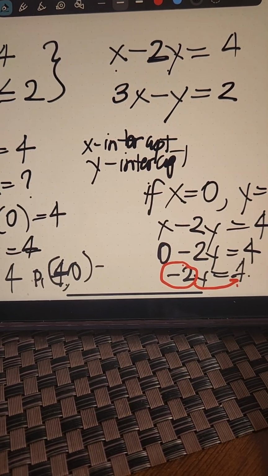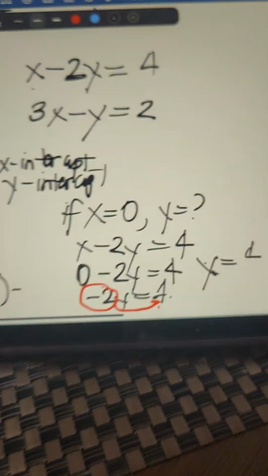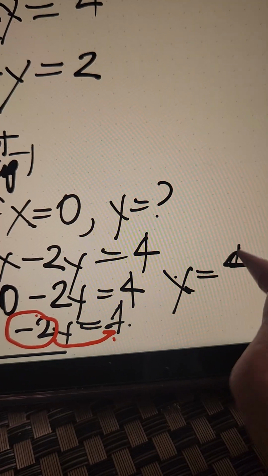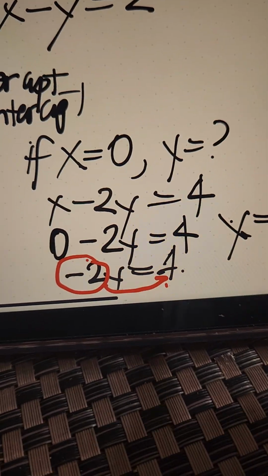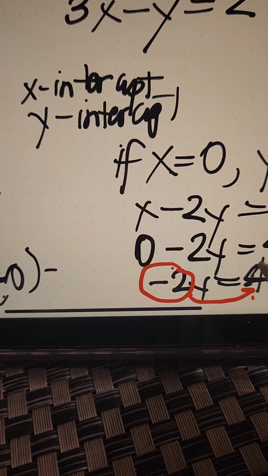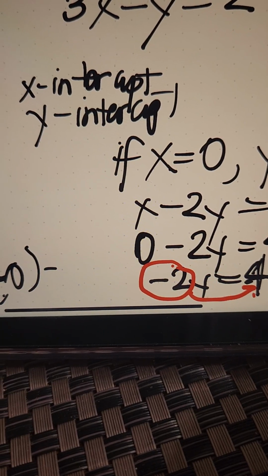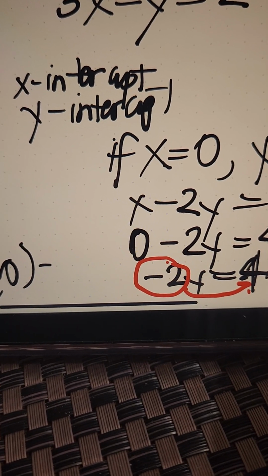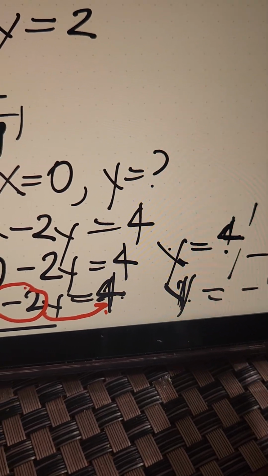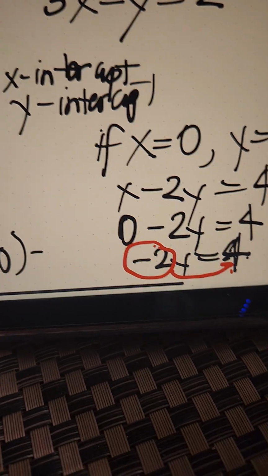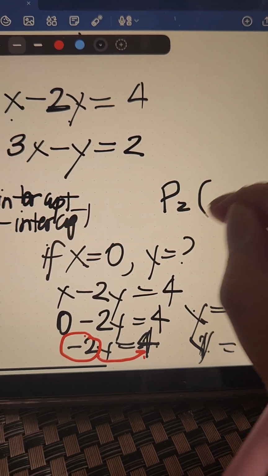Okay, so si y is 4 divided by negative 2 kasi nga multiplication move to the other side becomes division. Okay, and then y is equal to 4 divided by negative 2, which is negative 2. Okay, so that gives us yung second ordered pair natin. We call it P2 kasi siya yung magiging point 2.